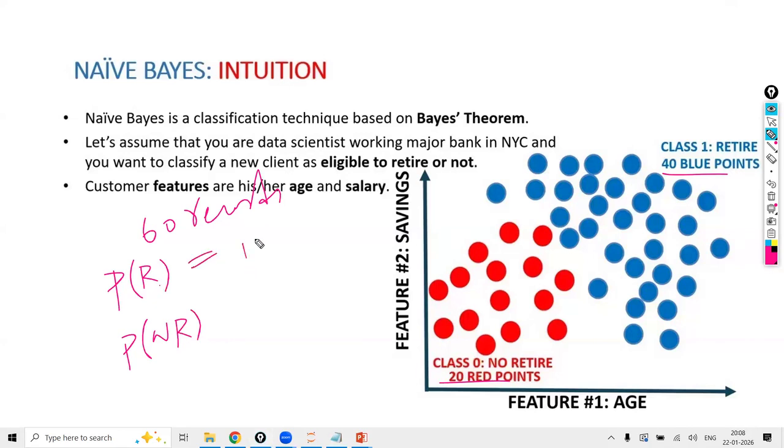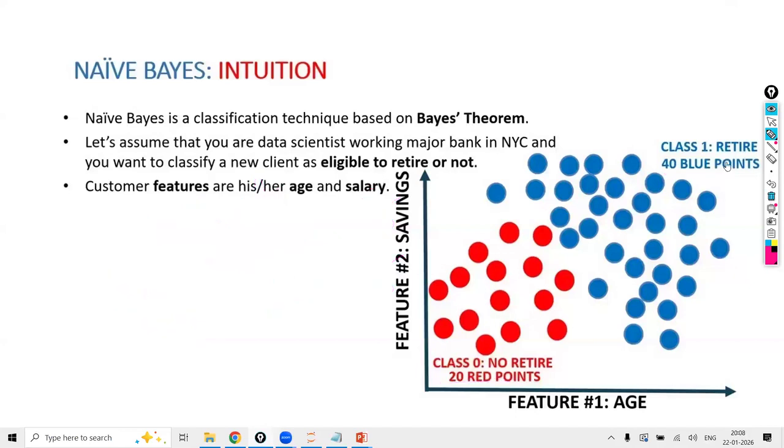What is the probability of blue? How many data points of blue are there: 40 out of 60. How many are red? 20 out of 60. This we call prior probability. In the given data set, whatever the values we have are called prior probability.